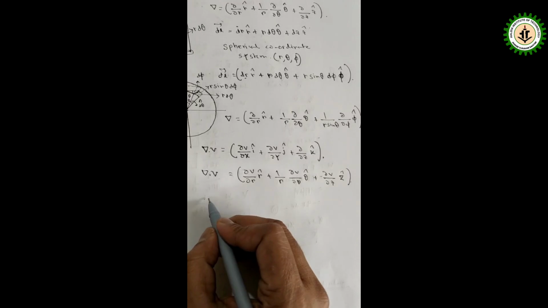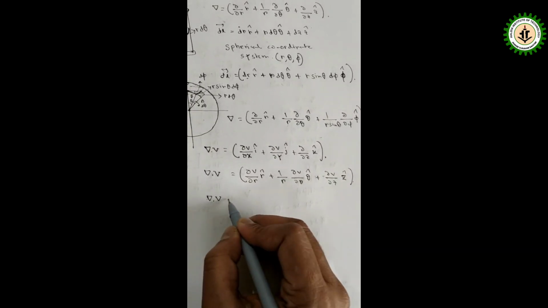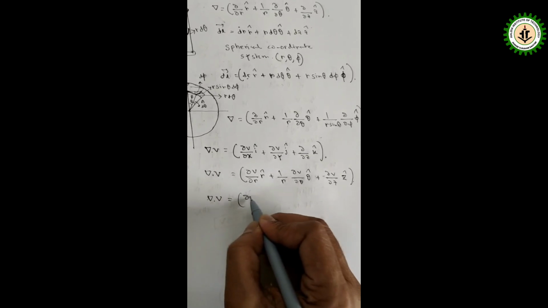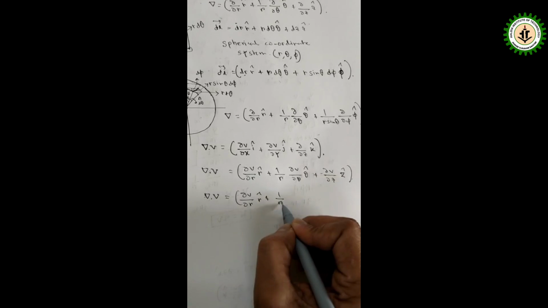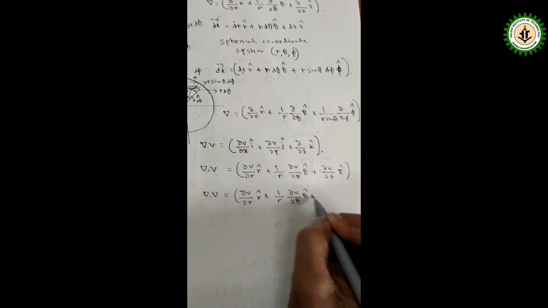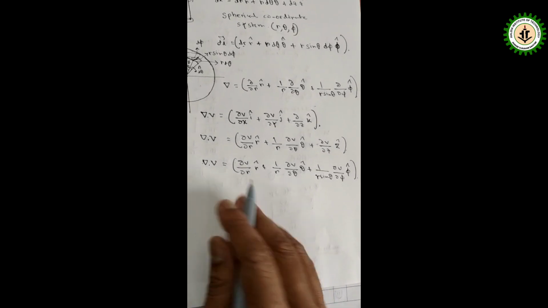Similarly, when you write it for the spherical coordinate system, the gradient of potential equals del v by del r along the r direction plus 1 by r del v by del theta along the theta direction plus 1 by r sin theta del v by del phi along the phi direction. Okay. So ultimately, what point can I conclude?